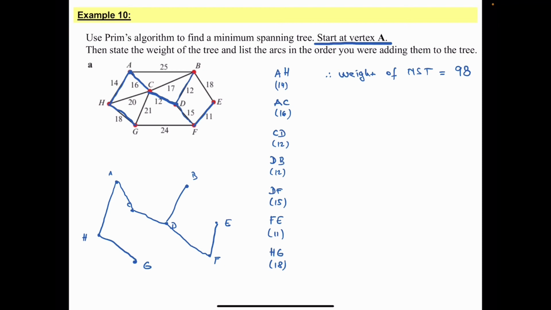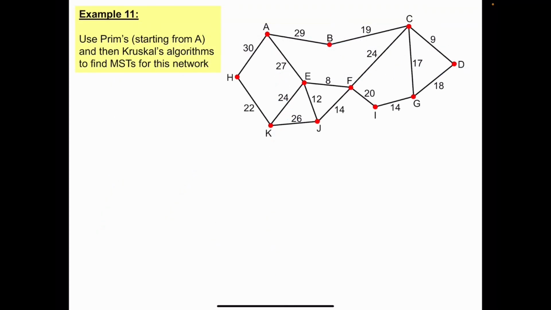Okay, and for this you would get full marks because you have the proper picture, you have the order in which you added the arcs or the vertices, and you also stated the weight of this minimum spanning tree. I'll give you the chance to practice both of the algorithms on the same network, so we can closely observe the differences between these two algorithms that we talked about a couple of minutes ago.